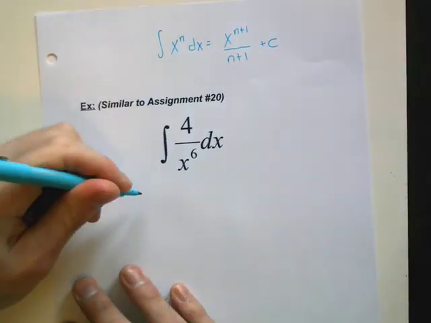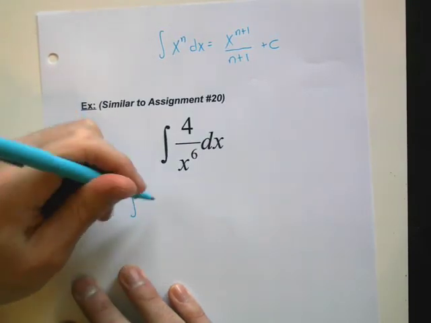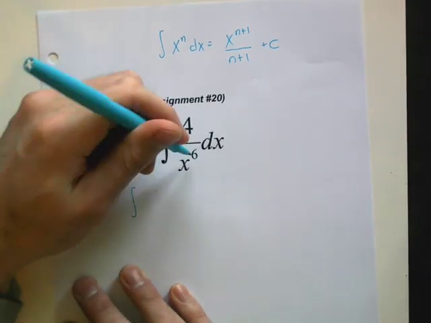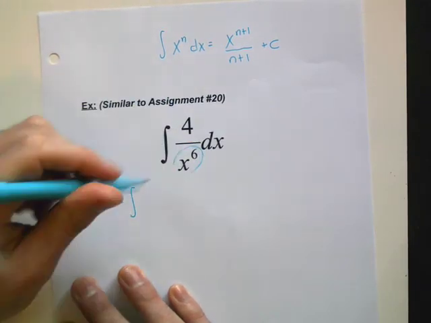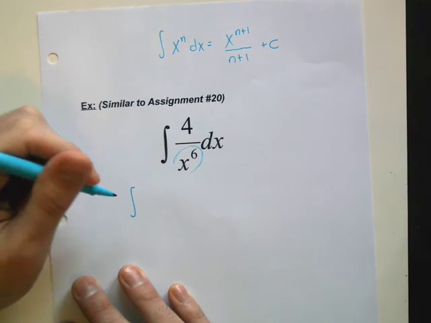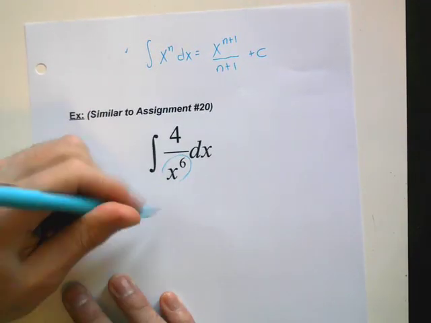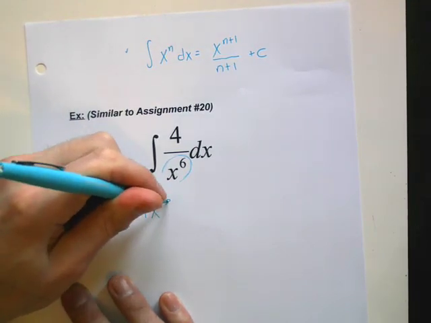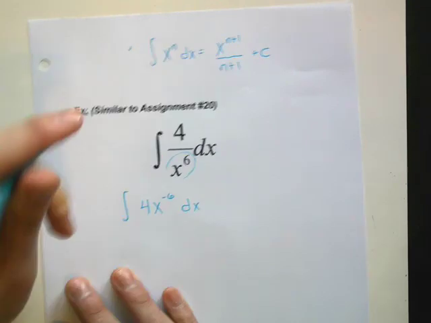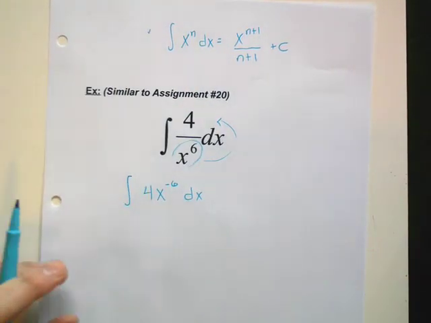All right, similar to the last one, let's get this out of the denominator and make this a power, because just like when we're taking derivatives, when we're taking integrals, it always helps to have powers, so that way you can use your power rule. So I'm going to rewrite this as 4x to the negative 6th dx. All I did was take this and move it upstairs.